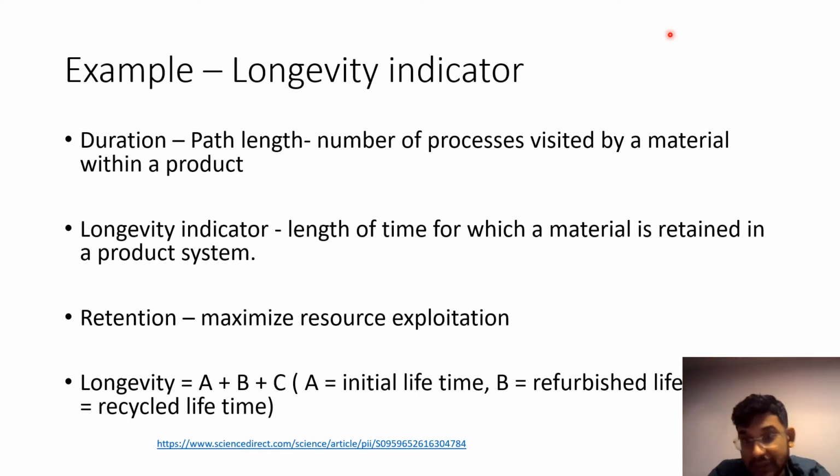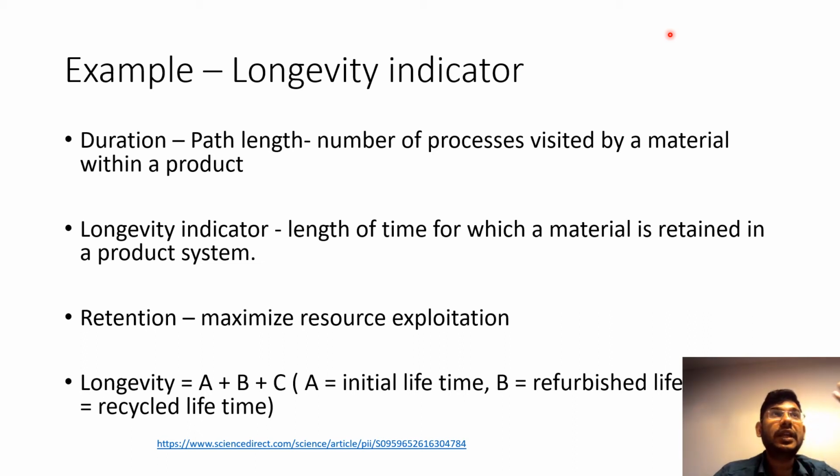Okay, it's not as simple. If you go to the article, for each and every phase, they calculate a bit more in detail with a lot of careful work to build up this equation. But I'm giving you a qualitative idea of how they approach designing an indicator. I hope you understand that.